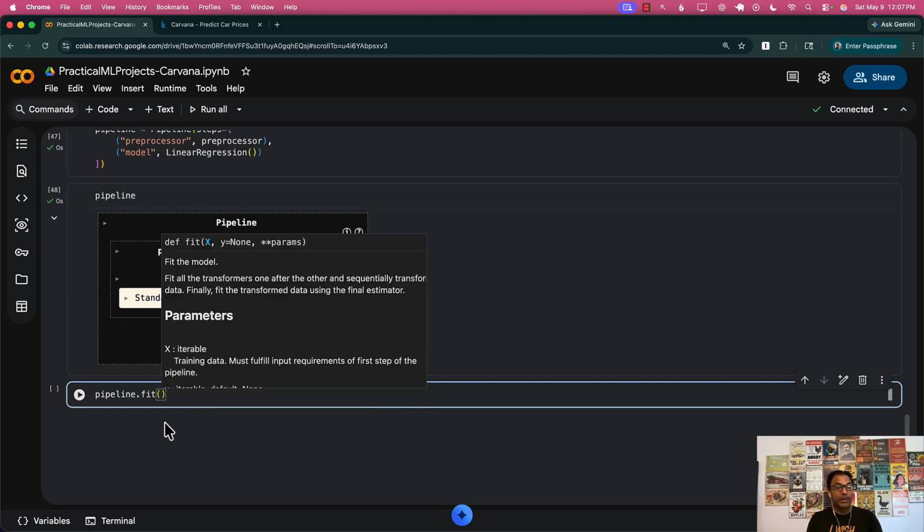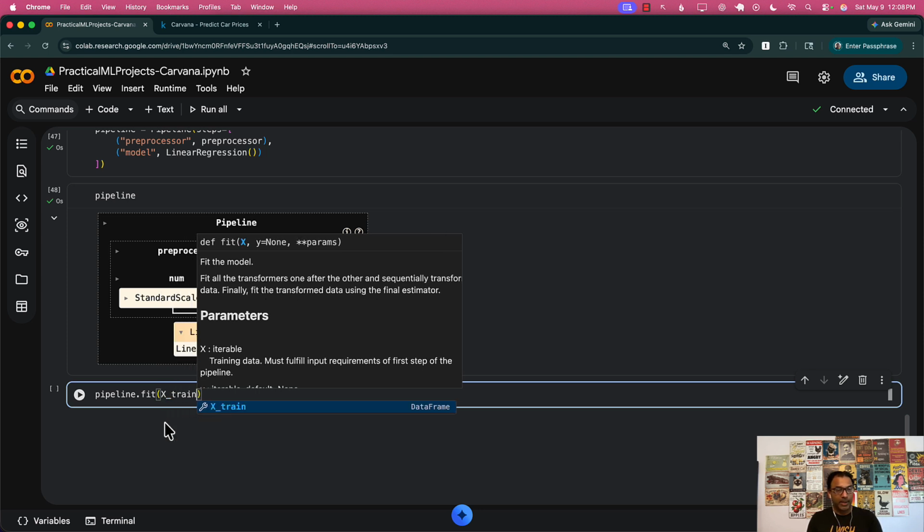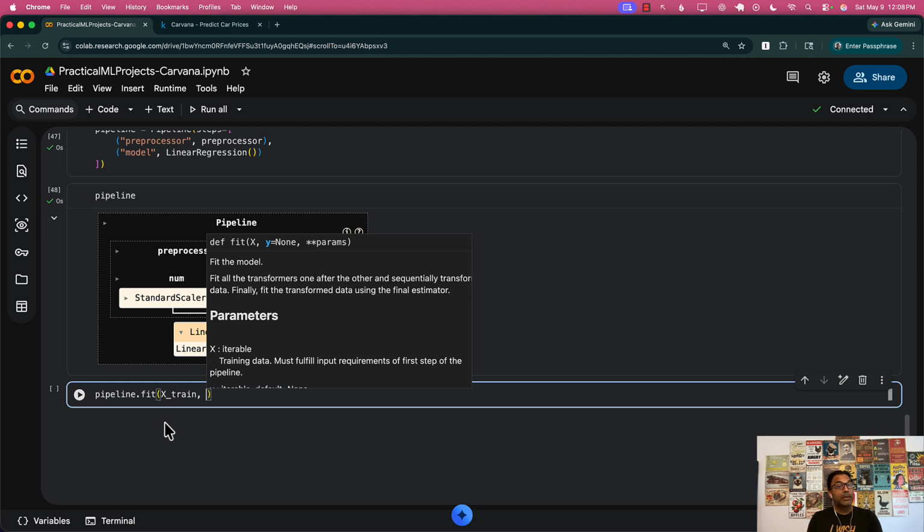You have to pass in the data set for the features, so that will be X train, remember X train, and then the answer key. We're giving it the answer key also, or all the answers, so that it can learn patterns in the training features and looking at the answer, trying to find out what corresponds to the actual price. So we're going to go ahead and say Y train.